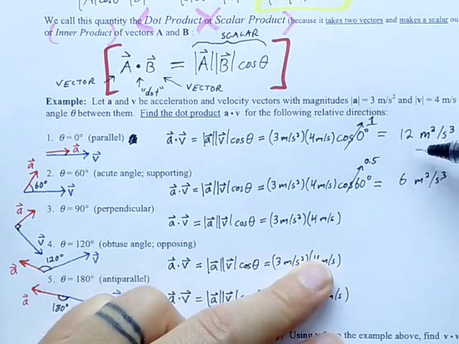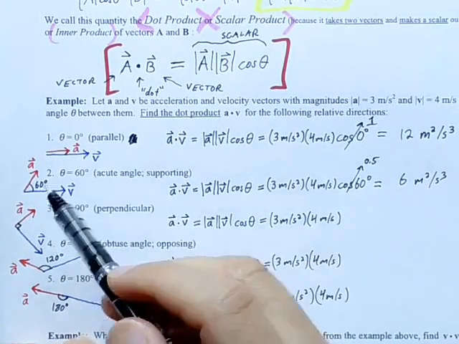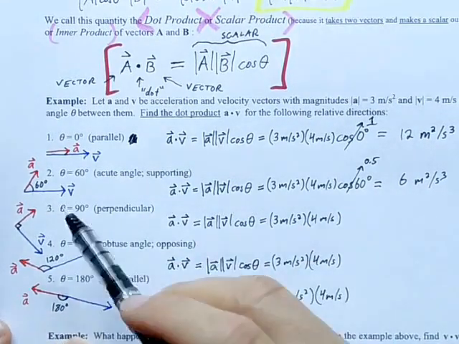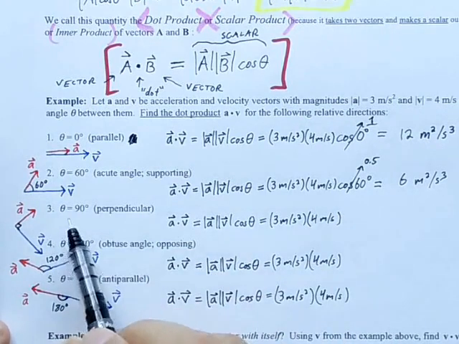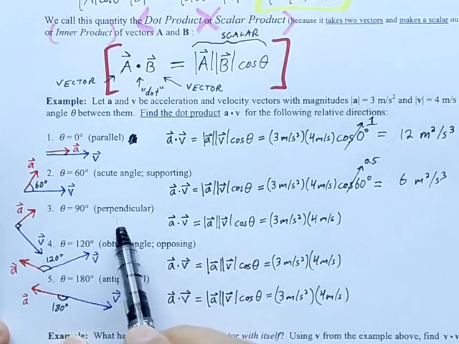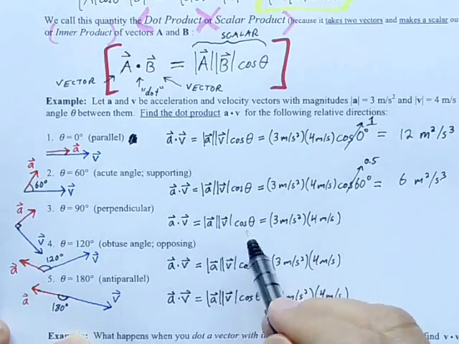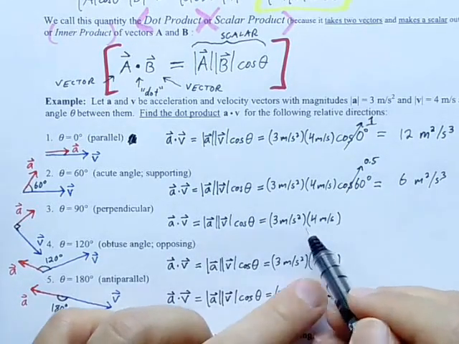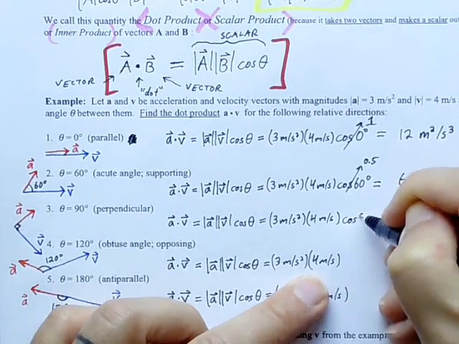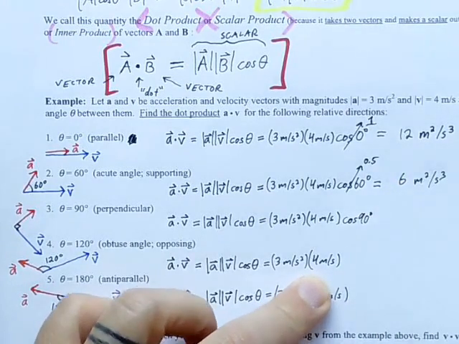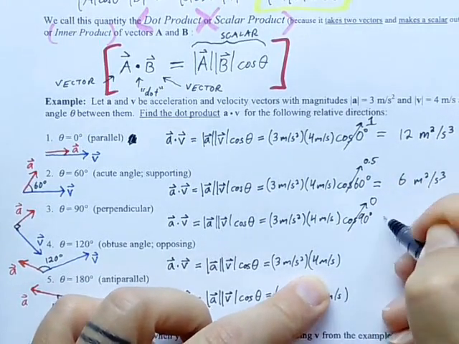So you see the reduction in the dot product indicates that they are less supportive of each other with this angle between them. Now, if they're 90 degrees apart, if they're perpendicular to one another, then A dot V is AV cos theta, so 3 meters per second squared times 4 meters per second times cosine 90 degrees, and cosine 90 is 0.